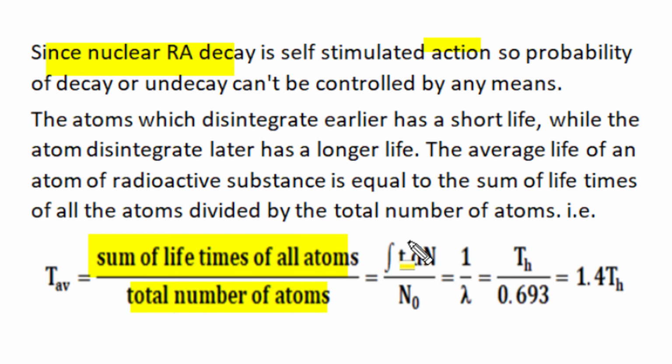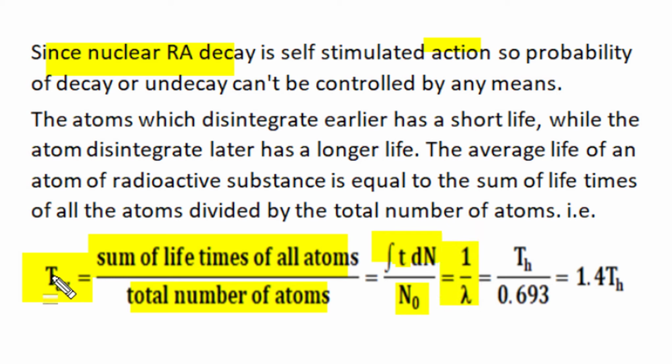Now a small elemental dN amount disintegrates after time t, then the sum of lifetimes of all atoms can be obtained by integration, and if we divide it by the initial number of radioactive nuclei, then this becomes the average life of the radioactive substance. Mathematically, if we calculate this ratio, it comes out as the inverse of the decay constant.